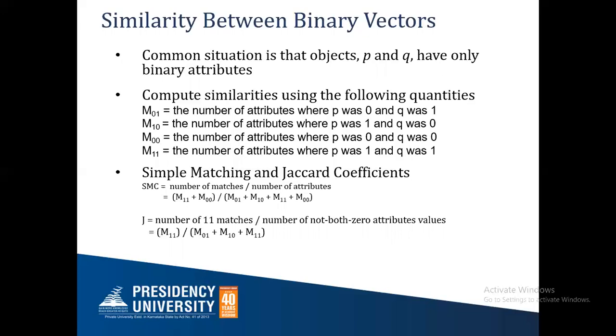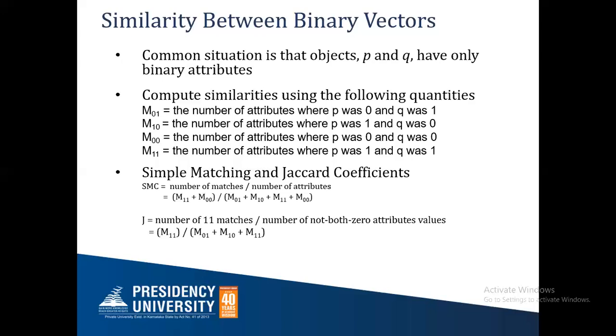So in this case, we calculate something called SMC, which is the simple matching coefficient, as well as J, that is the Jaccard coefficient. There is a set of formulas for this, wherein we need to first know some points. There are 2 points P and Q, two objects which have only binary attributes, zeros and ones.